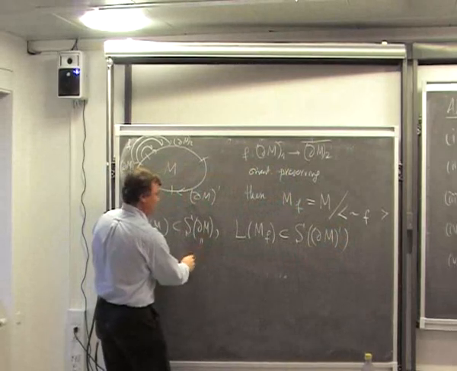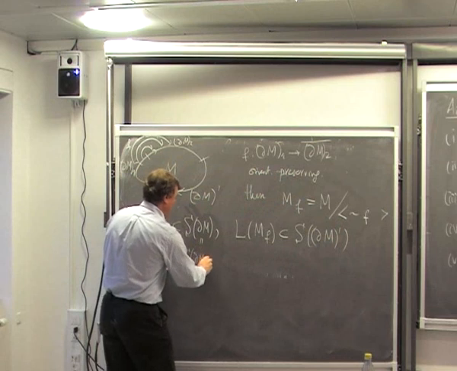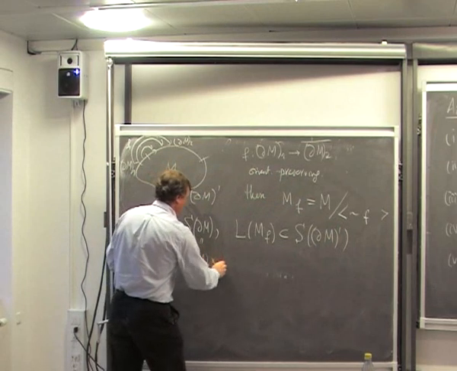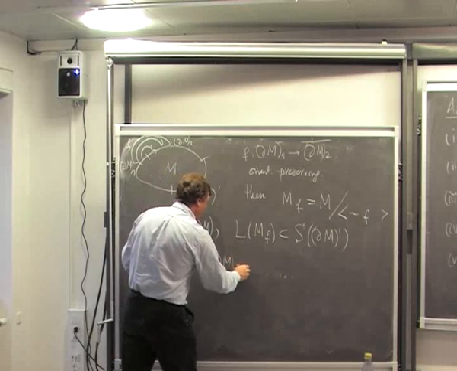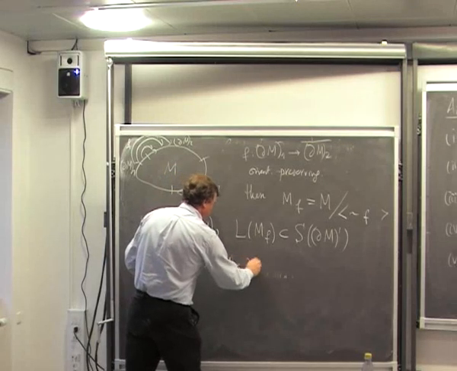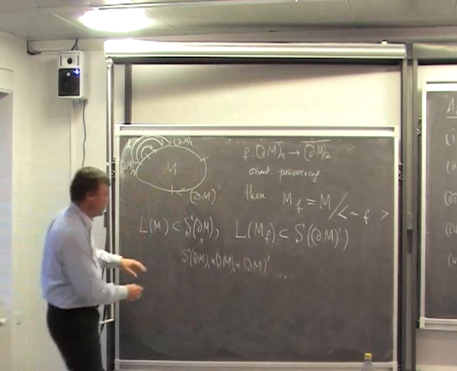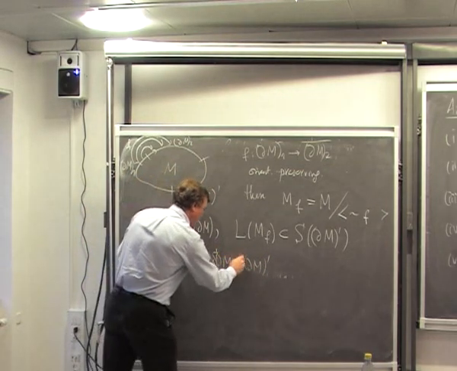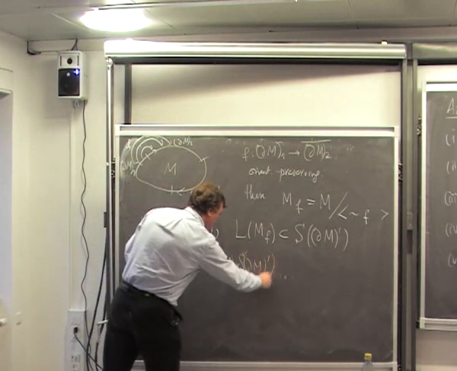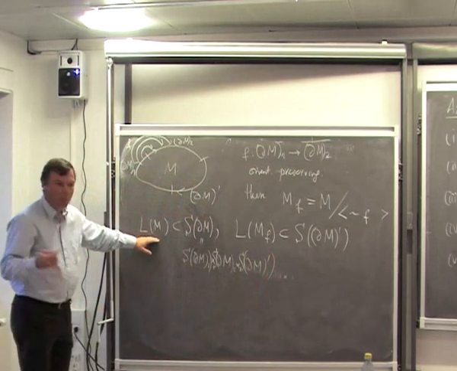And this is S of ∂M1, ∂M2, ∂M', and according to one of these axioms, it's just a product of the corresponding symplectic manifolds. So it's part of the data.